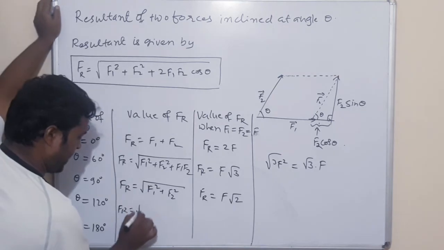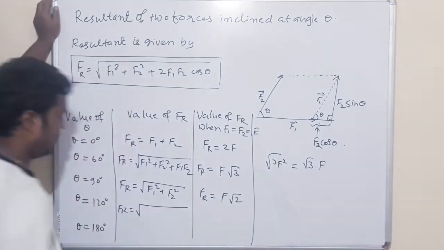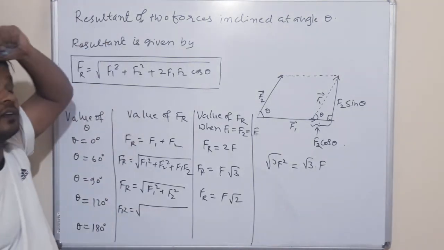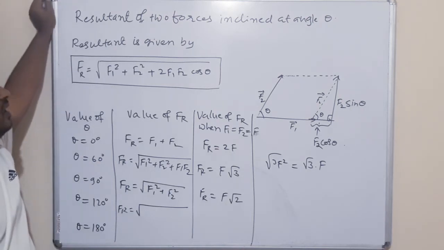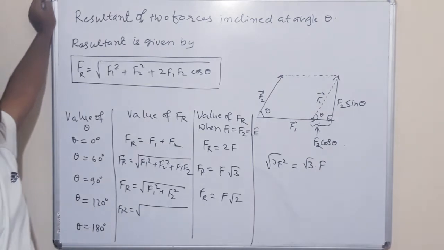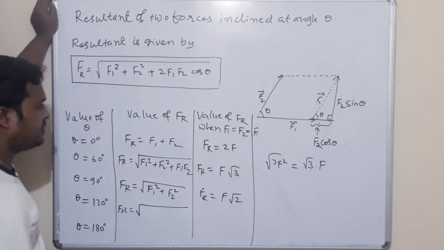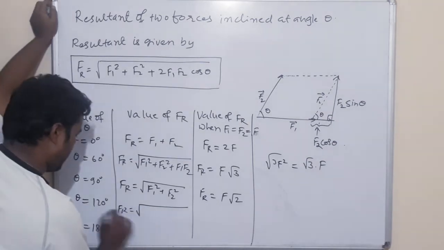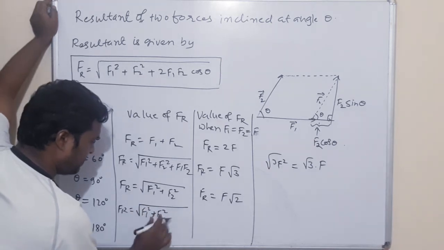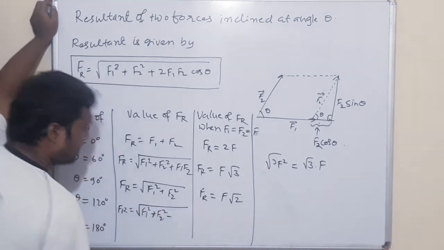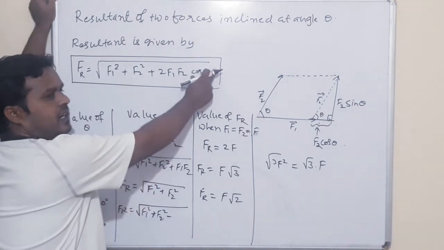See, these are the important shortcuts which we remember while solving the problems related to principle of superposition or while calculating the force between multiple charges. Okay, this will be F1 square plus F2 square plus 2 F1 F2 cos 120, and cos 120 is minus half.